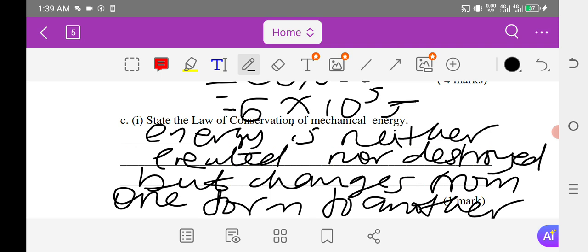That's called the law of conservation of energy. You can try to put it in a way that is convenient to you, as long as you don't change its meaning.